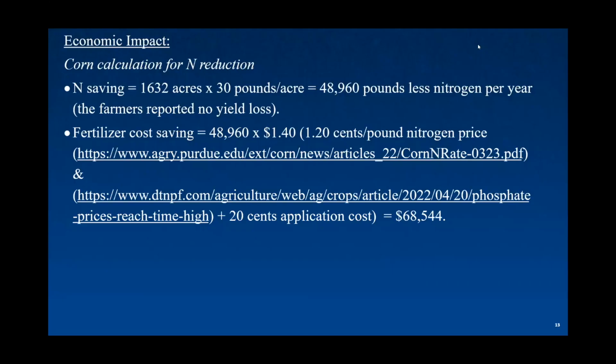So I spoke to a farmer and I asked him, you have the results in front of you, and if you would like to reduce the nitrogen rate, what rate would you reduce?